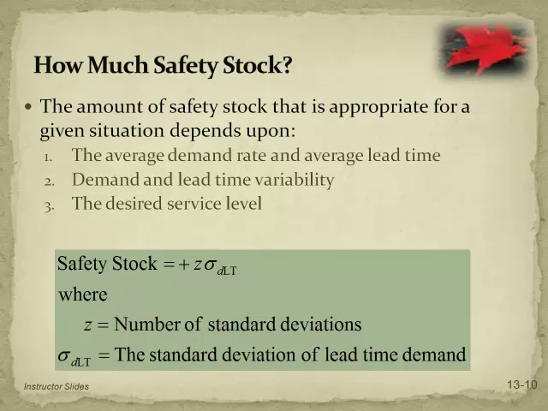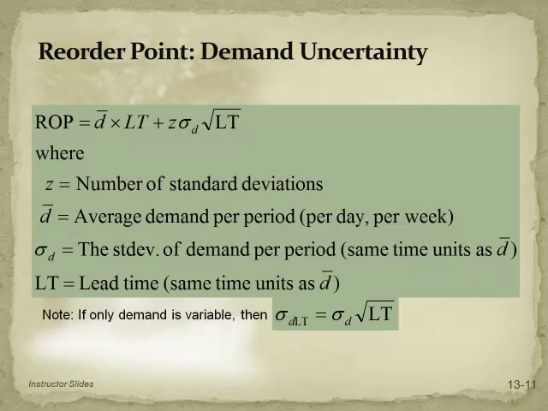So the safety stock is going to be a variable z, which represents the number of standard deviations or the distance away from the mean. We're assuming that our demand or our lead time is normally distributed. And the sigma is the standard deviation of the lead time demand. So let's see how this can be applied.